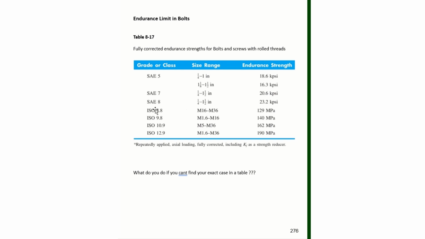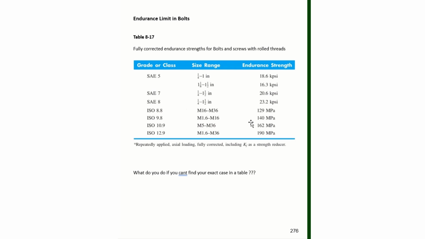And then for ISO class bolts, we can look up the size range and the endurance limit. This is based on repeatedly applied axial loading, and this is fully corrected, including a stress concentration factor as a strength reducer. So this endurance limit here is fully corrected.